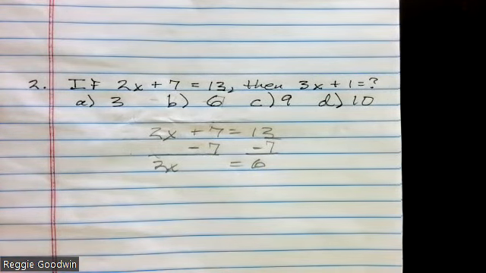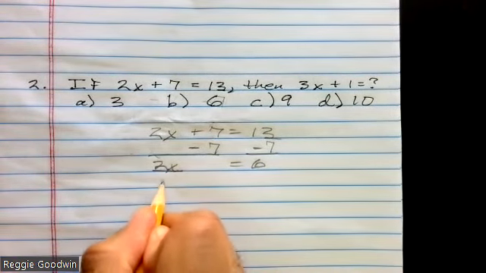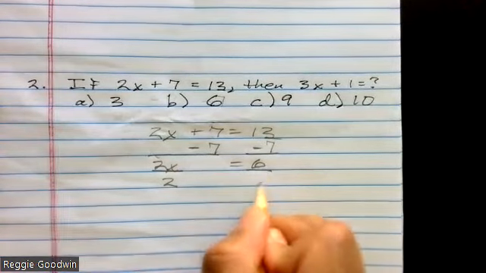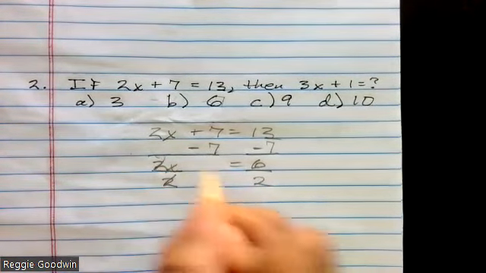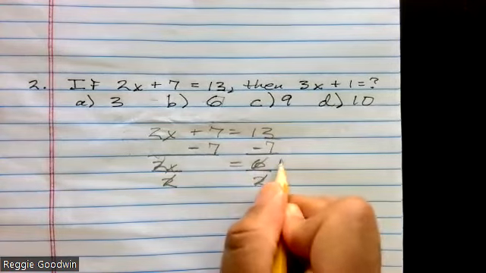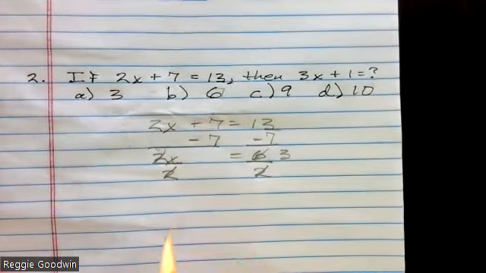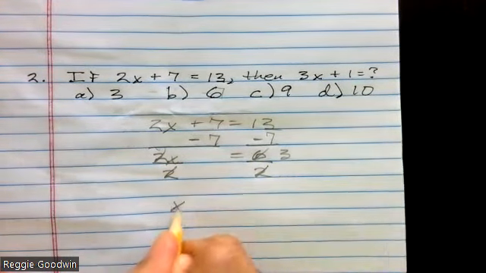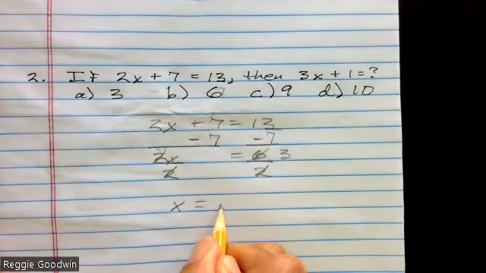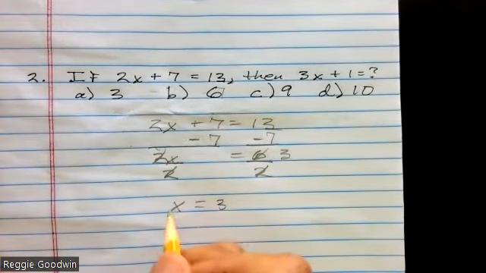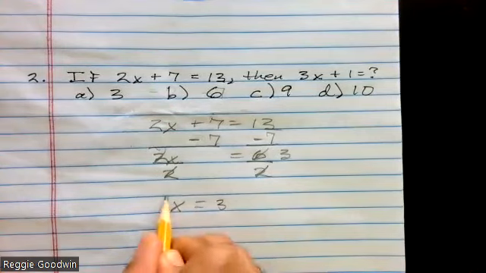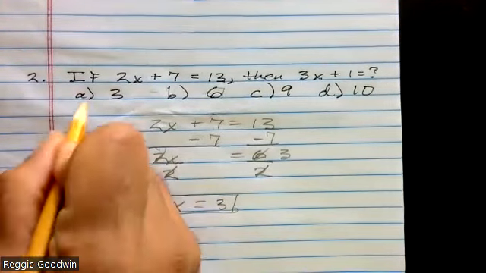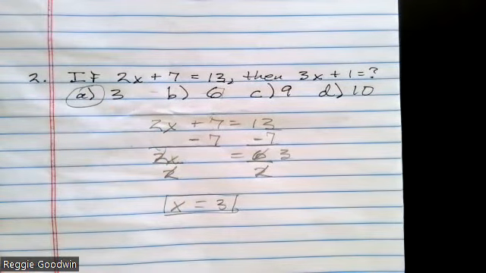We're going to get x by itself by dividing both sides of the equation by 2. And then we have the answer, x is equal to 3. And your option is A.